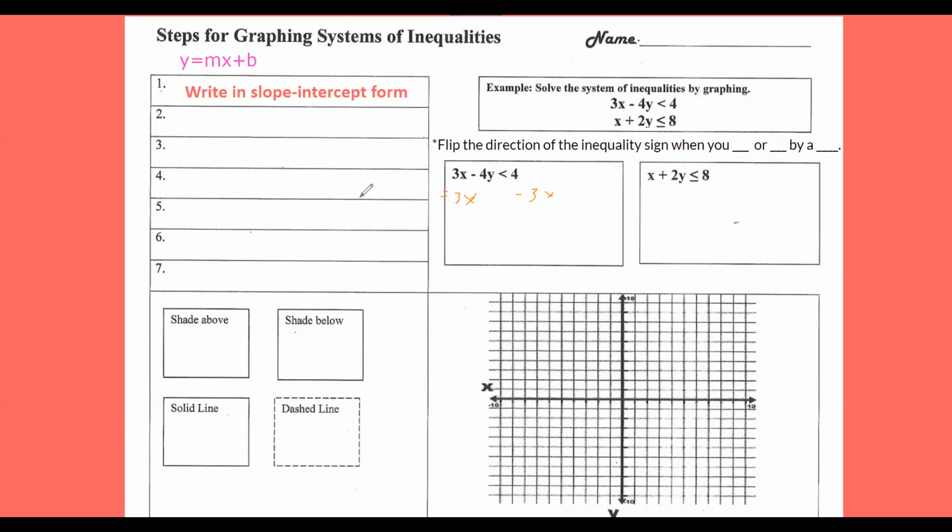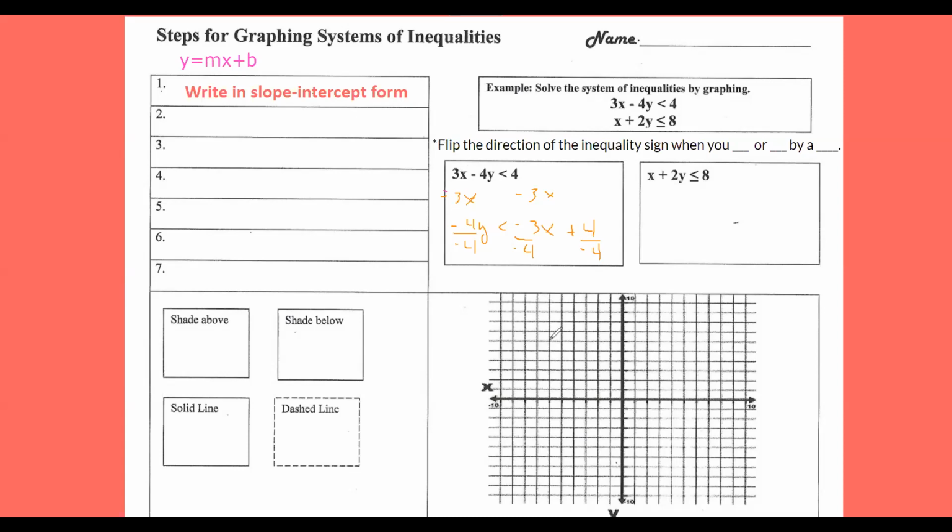So this is going to be negative 4y is less than negative 3x plus 4. We want to get y by itself, so we're going to divide by the negative 4 on both sides. Remember, you have to divide everything by it. Now notice this little star note up here.